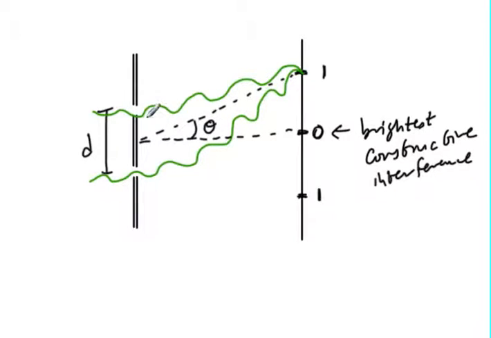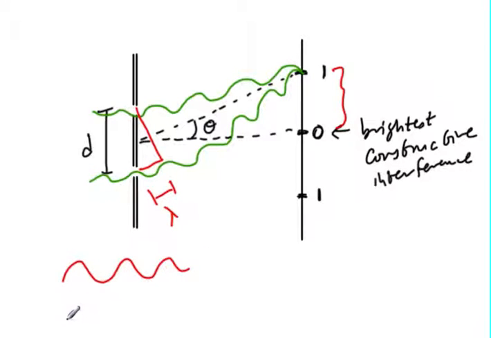Let me use a different color, red. If I draw a right angle triangle, this side right here is actually one wavelength, because it's one step away from the first constructive interference.